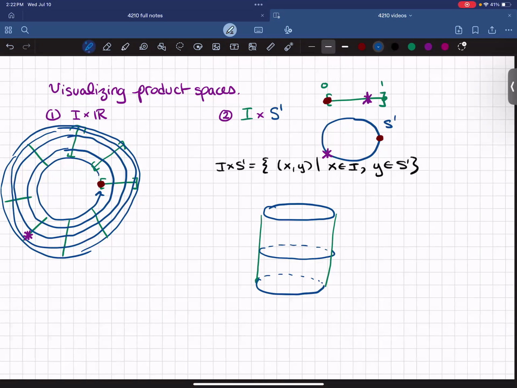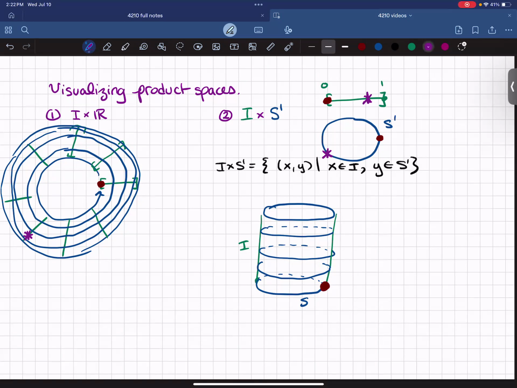Okay, so I can imagine something like that. So I'm taking copies of the circle and I'm getting one copy for each point on my unit interval. And if I think of the point on the unit circle that corresponds to 0, and on the unit interval also corresponding to 0, that would be this point down here.